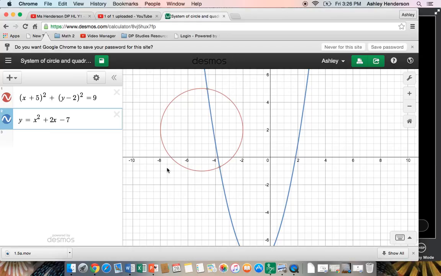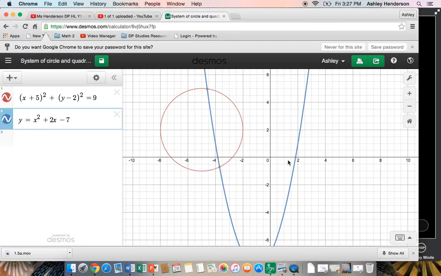Now, could I have done this longhand and solved this out? Sure, that's absolutely a possibility, but in some cases the algebra is so burdensome that having a graphing software or a graphing calculator allows us to quickly input our graphs and then simply search using the functions on our TI for the intersection of these two.